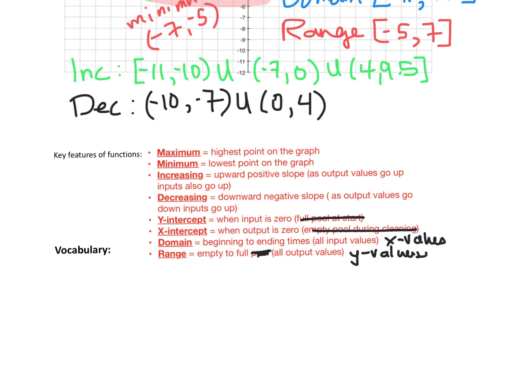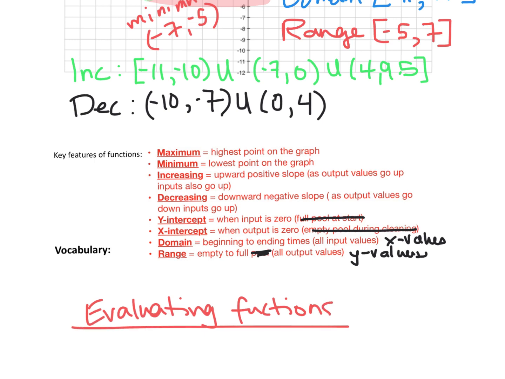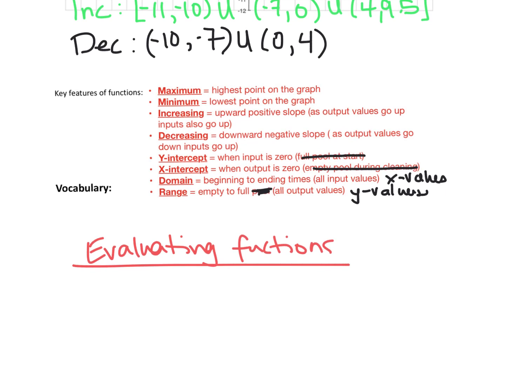But I'm going to move on now onto evaluating functions. When you need to evaluate functions, it's going to look something like this. It's going to say find f of 2. And let's say it's referencing a graph.